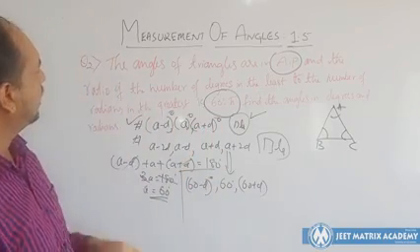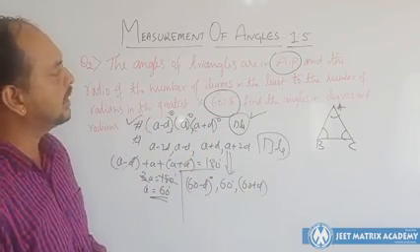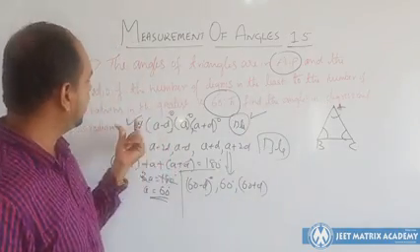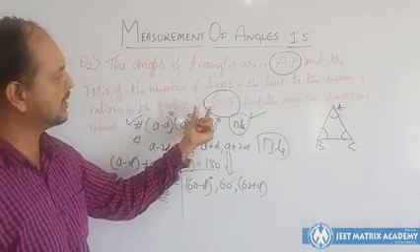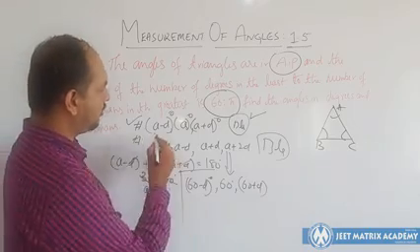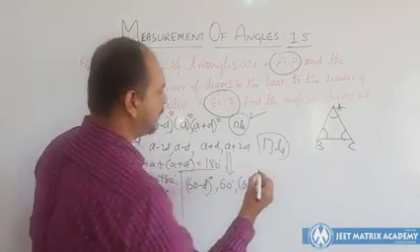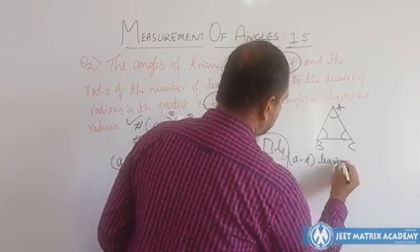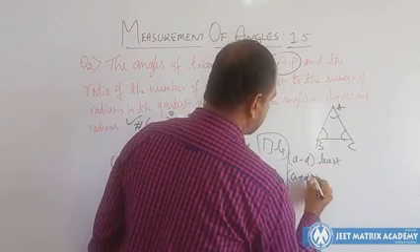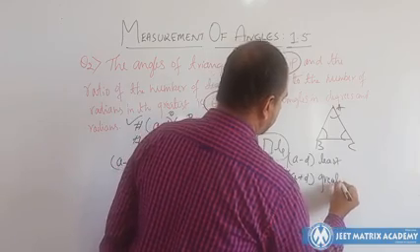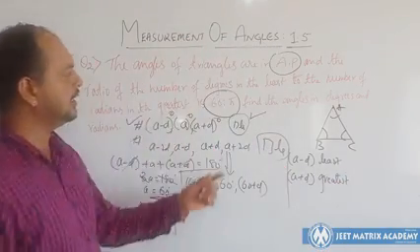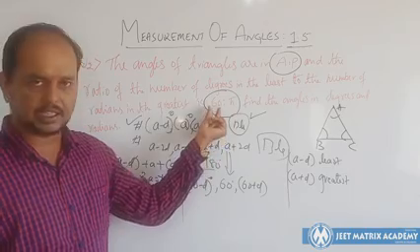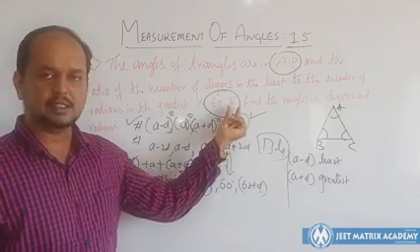They said the ratio of the number of degrees in the least to the number of radians in the greatest is 60 by 5. Of these three, the least one is A minus D, am I right? A minus D is least and A plus D is greatest. The least is in degrees, the greatest is in radians.